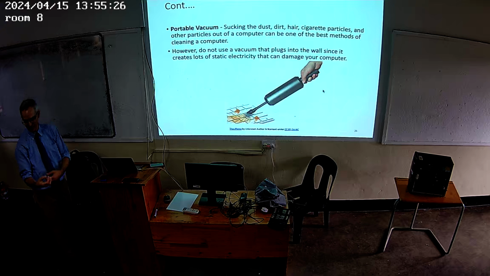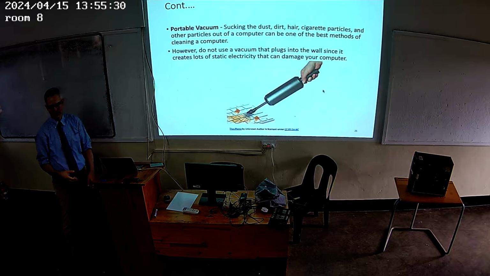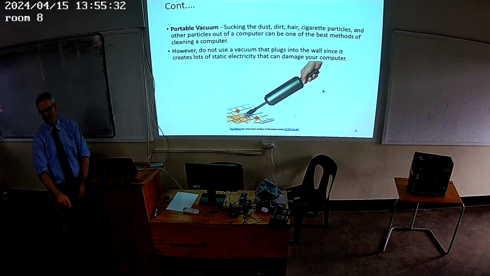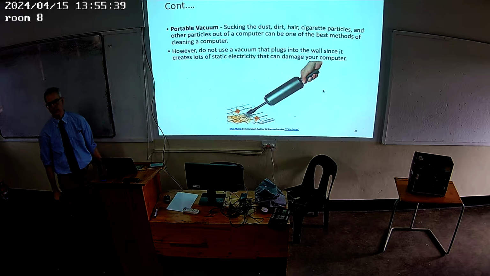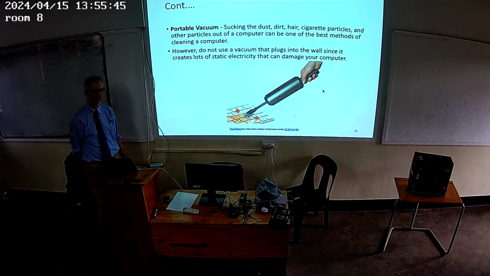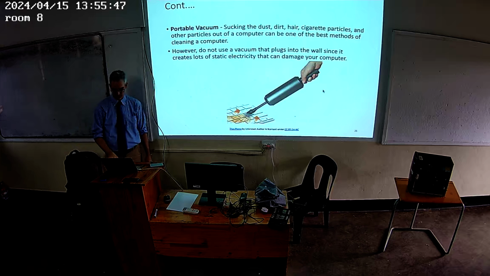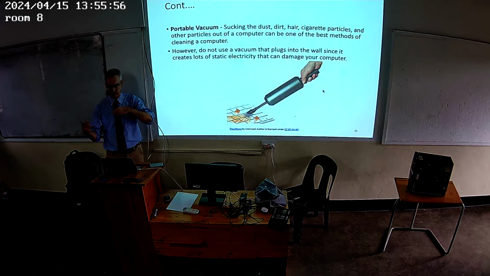You build up some electrons in you, and you go to touch something, and that's static electricity. And that's what you want to be careful of. When you're using electrical things, they can build up some static electricity. When you go to an electrical computer, you can use it, but be very careful. And as I said, don't use a vacuum that's plugged into the wall, because it will generate more static.